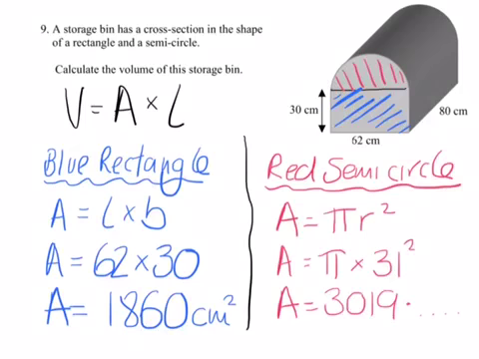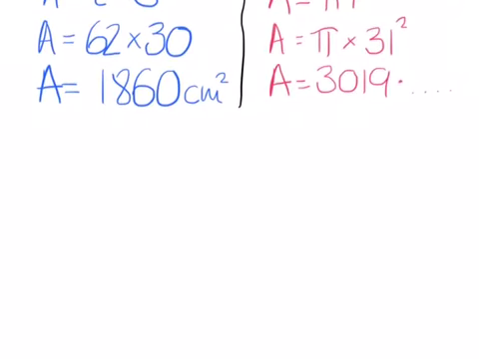What we want, of course, is the area of the semicircle, which means what we need to do now is divide this number by 2. So we'll do that without clearing our calculator screen, which gives us an answer of 1509. We'll round to 2 decimal places at the moment, which would be 54.